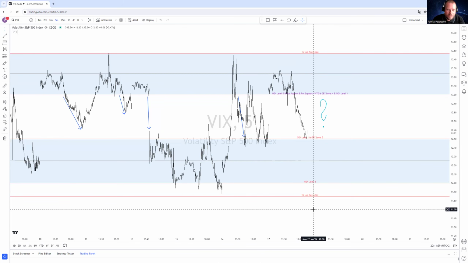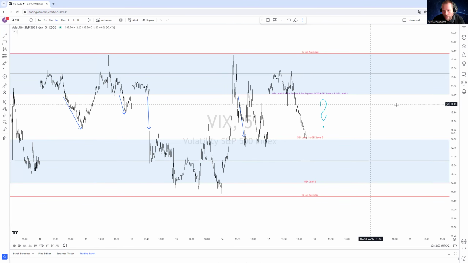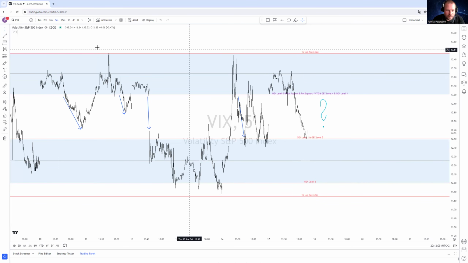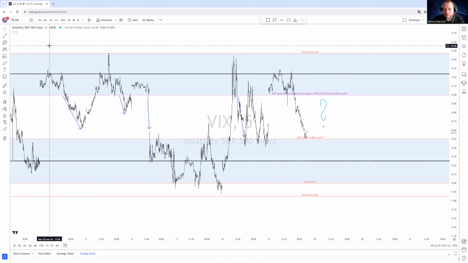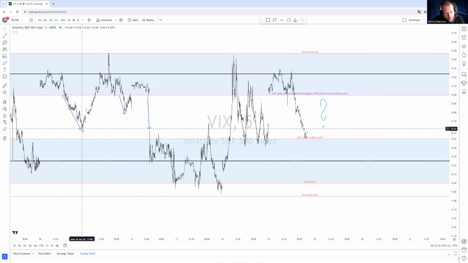I was saying that we have here our overbought area, and the last time, every time we came down and made lower highs, boom, we fell down.